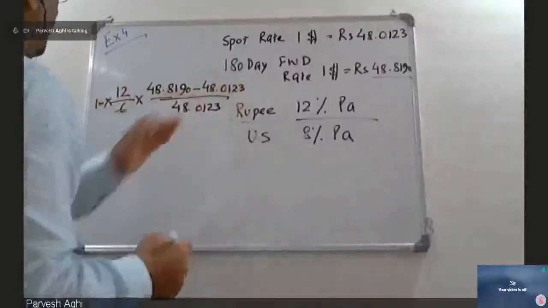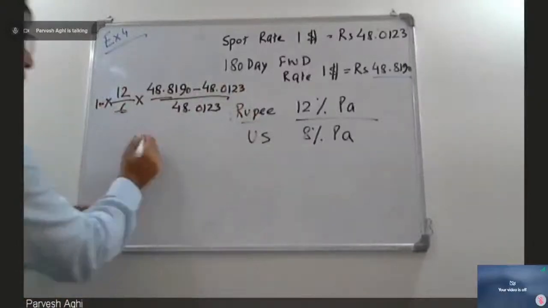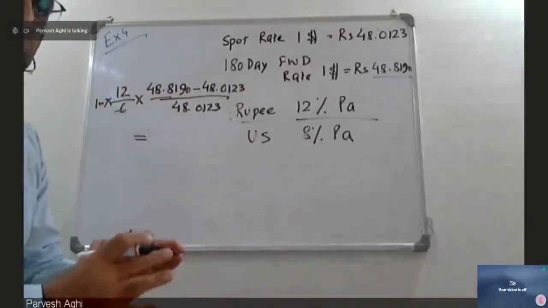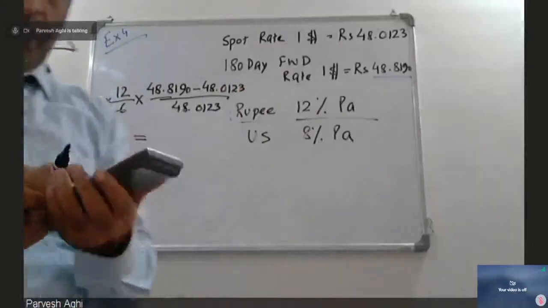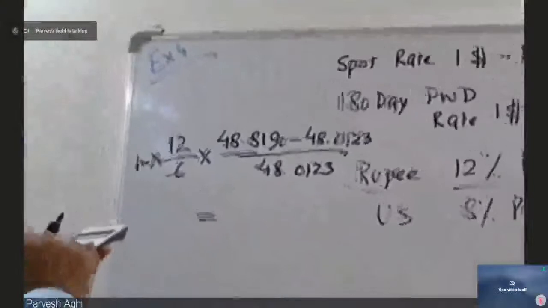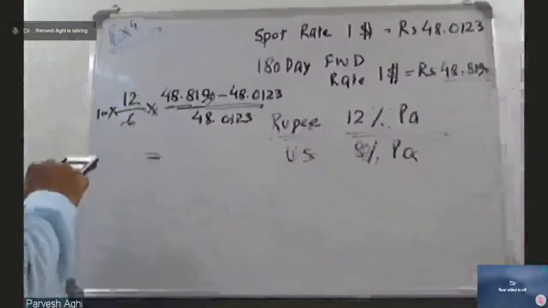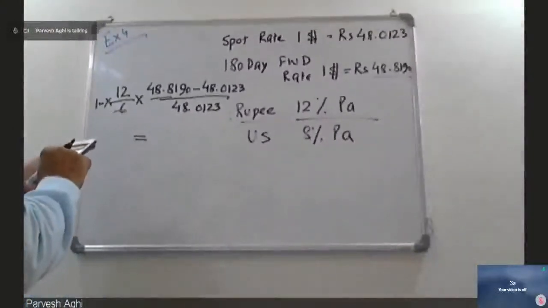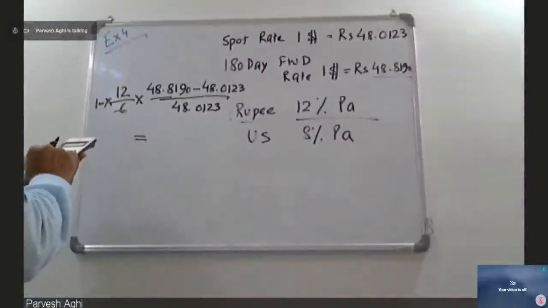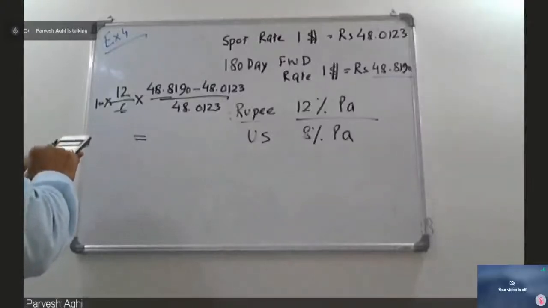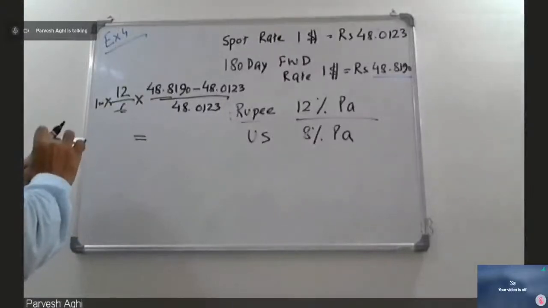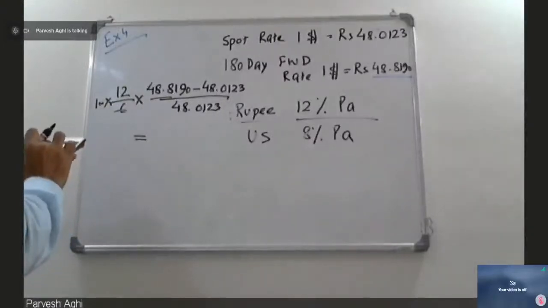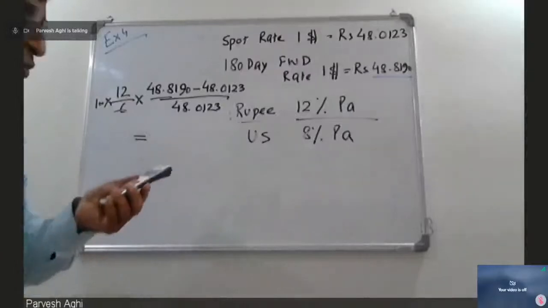And try to calculate what is the premium of dollar. We'll do that on a calculator. So 48.8189 minus 48.0123 divided by 48.0123, into 12 divided by 6. So I get 3.36.